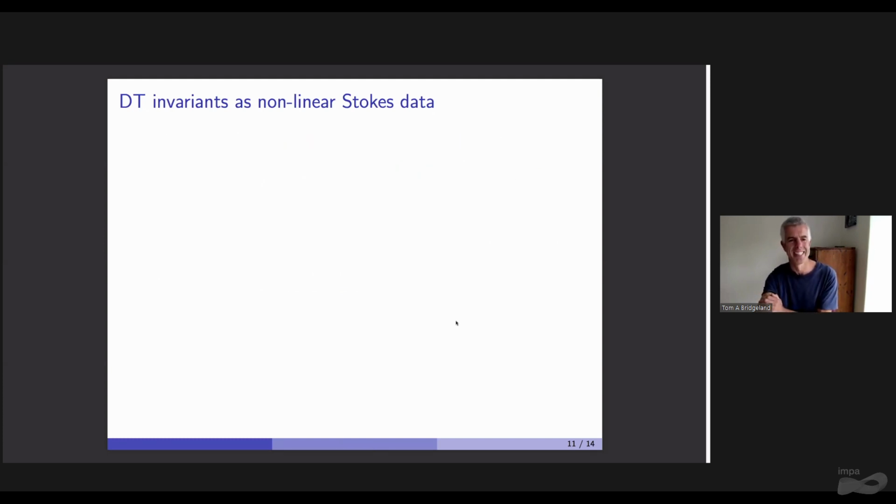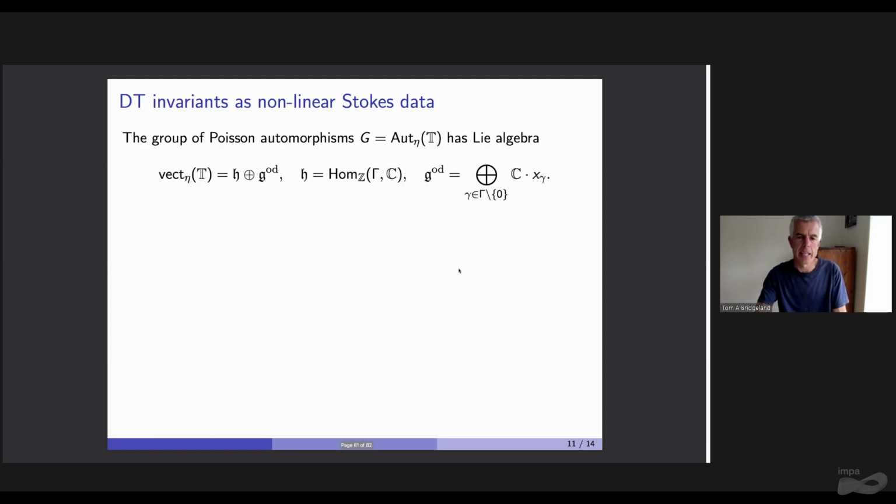Okay, so I have not so long left. I sort of promised that there should be some geometry attached to these DT invariants. The key idea here is to think about this group of Poisson automorphisms of the torus.